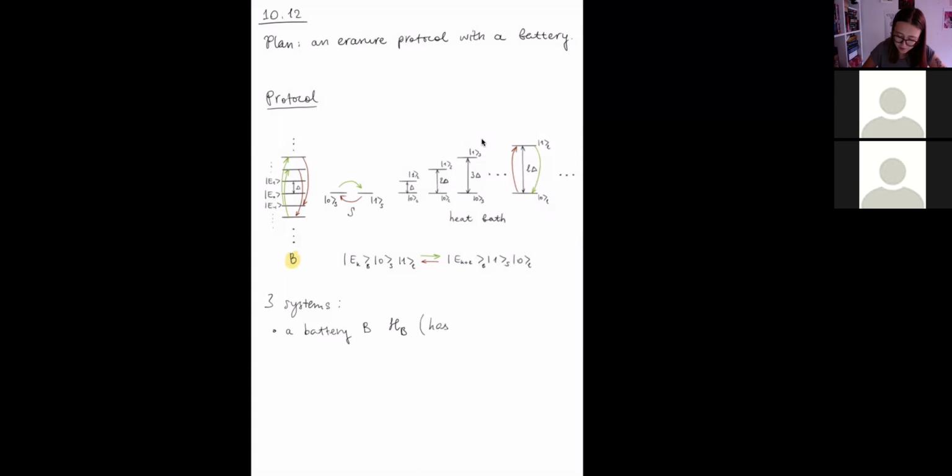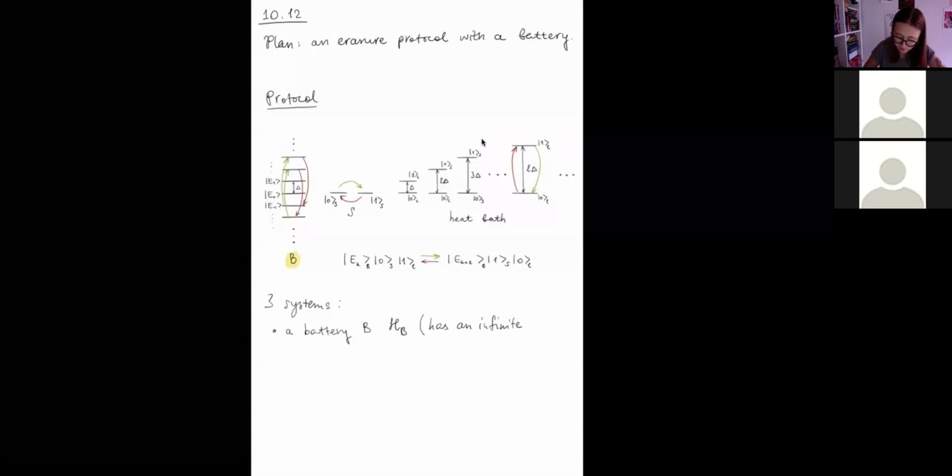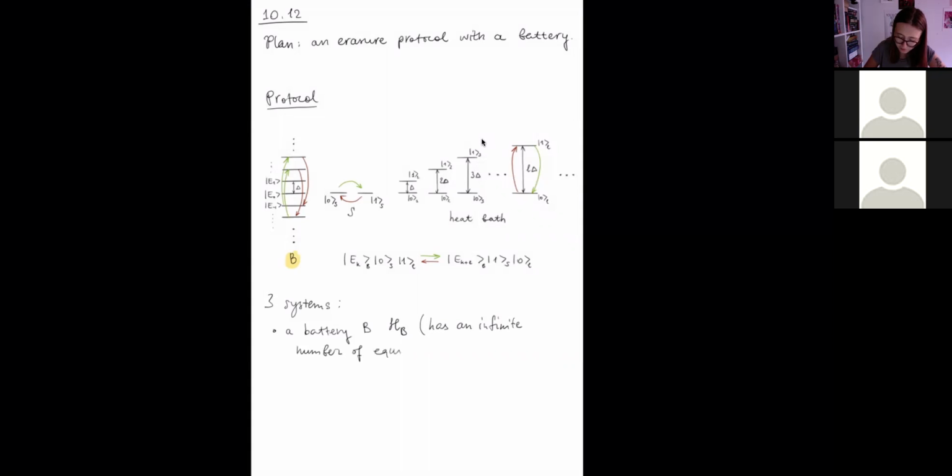It has an infinite number of equidistant energy levels.